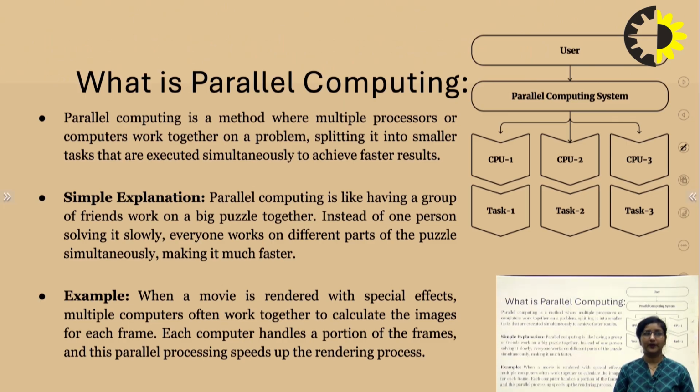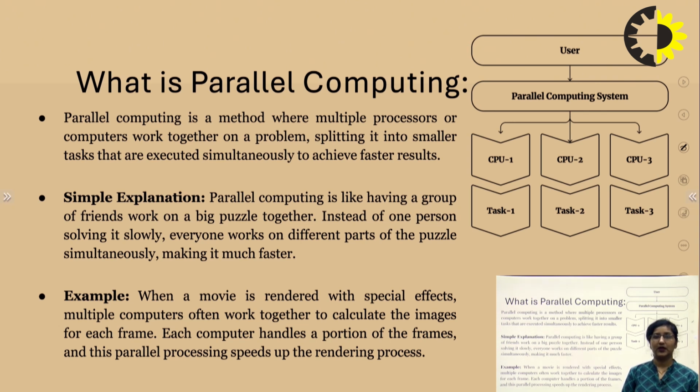What is parallel computing? Parallel computing is a method where multiple processors or computers work together on a problem, splitting it into smaller tasks, which are then executed simultaneously to achieve faster results. But keep in mind, the tasks should not be dependent on each other.